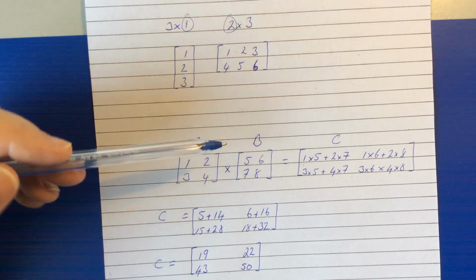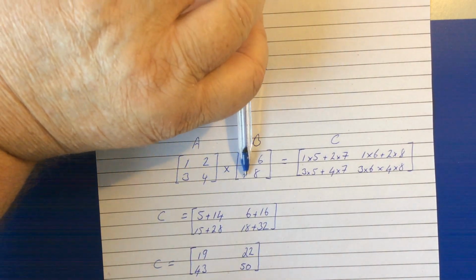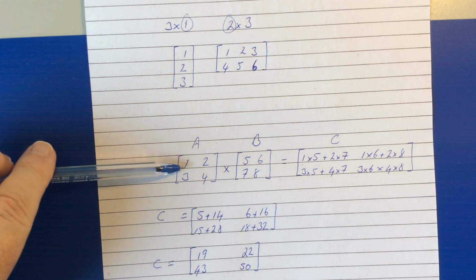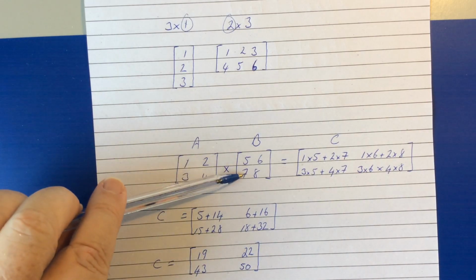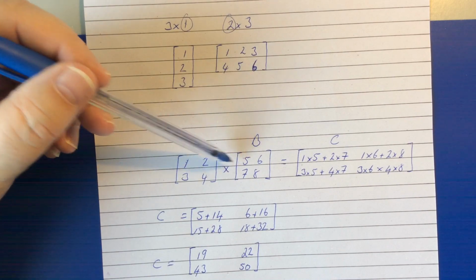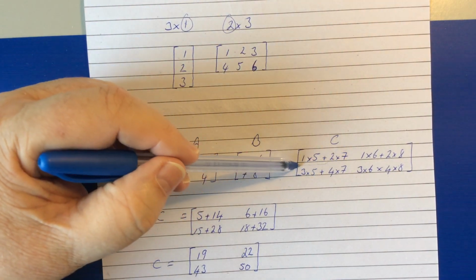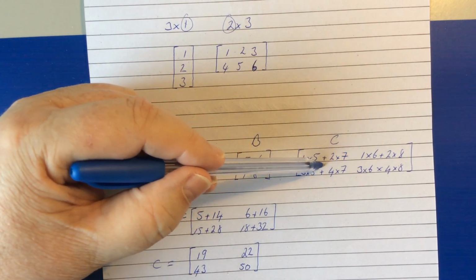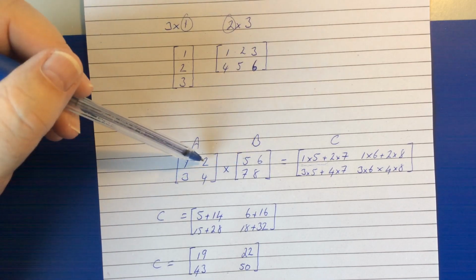So we go across and then down. So it's 1 times 5 plus 2 times 7. Let me just say that again: 1 times 5 plus 2 times 7. And that's going to give us the value in the top left-hand corner of the new matrix, which will be a 2 by 2 matrix.